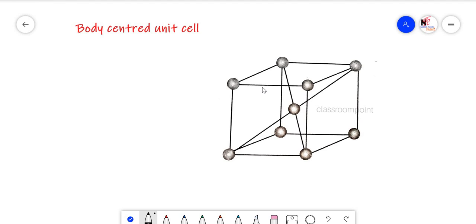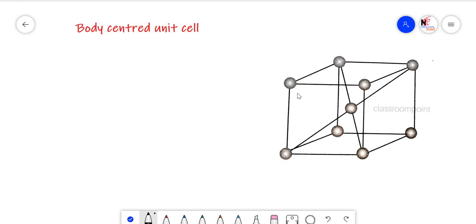So now let us discuss the effective number of atoms in the body-centered unit cell. The body-centered unit cell has atoms located at the corner positions and at the center of the body of the cube.